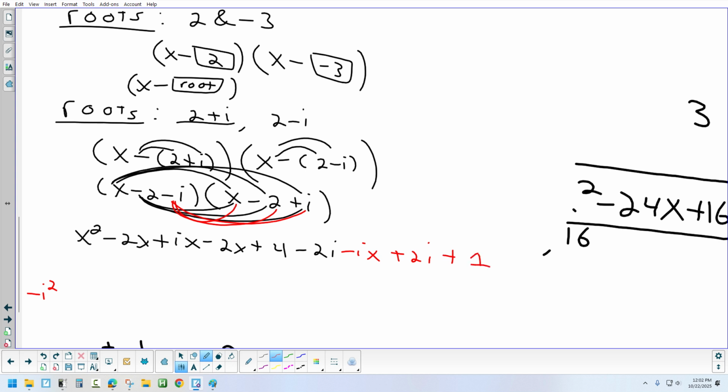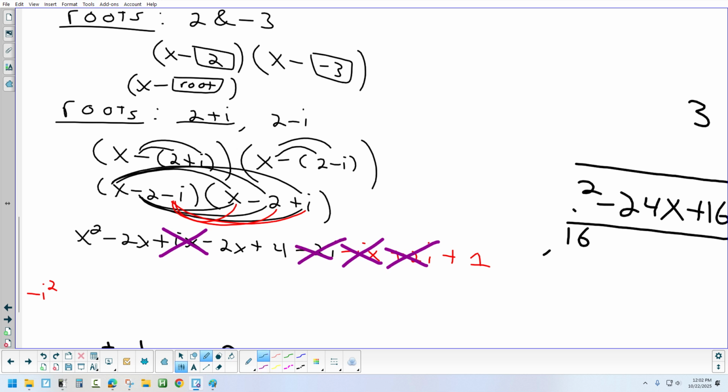What cancels out there? Yep. You should never be left with anything with an i. So the ix is gone. -ix is gone. What else? 2i and negative 2i.